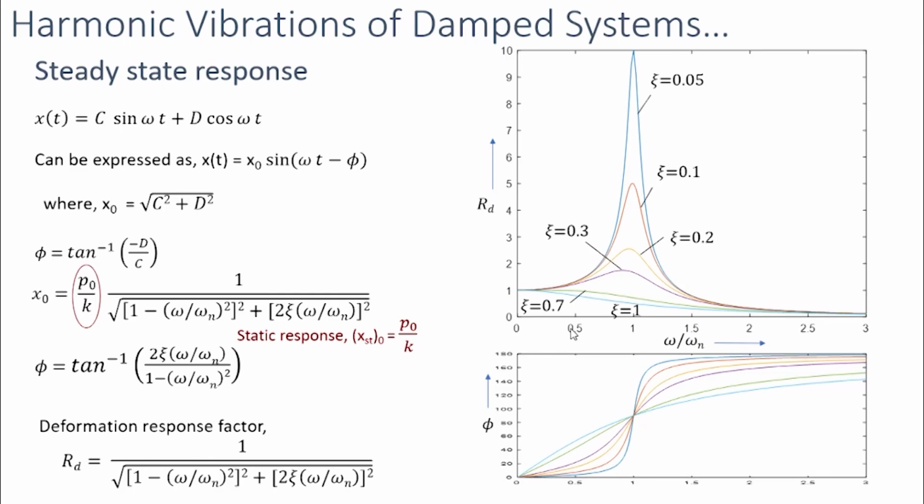So the damping is controlling this factor when the frequency ratio is near 1.